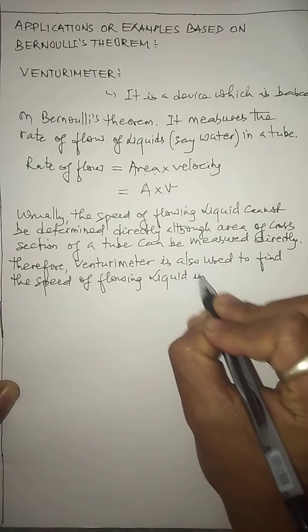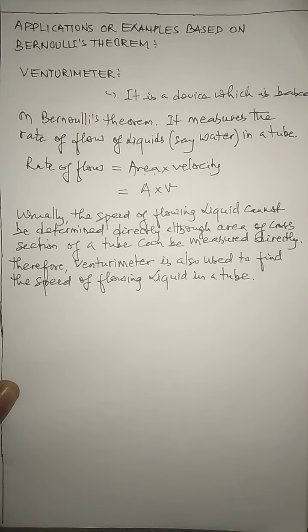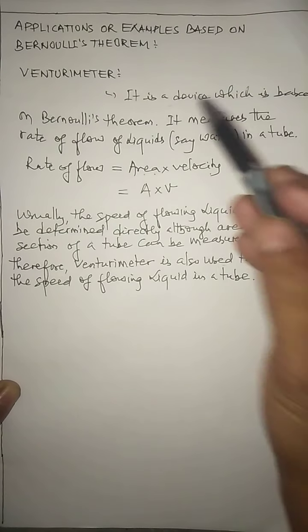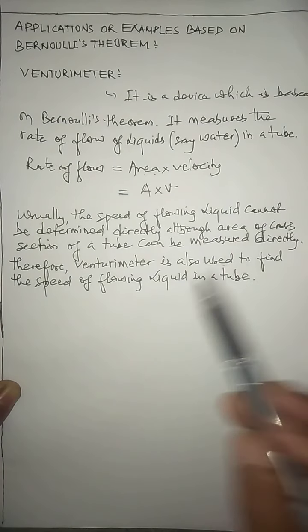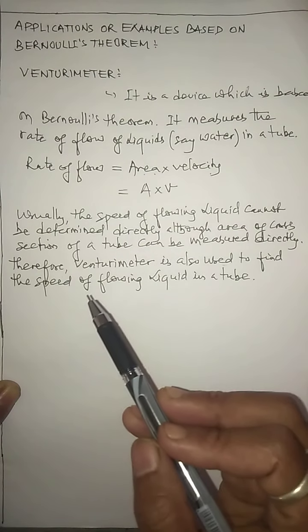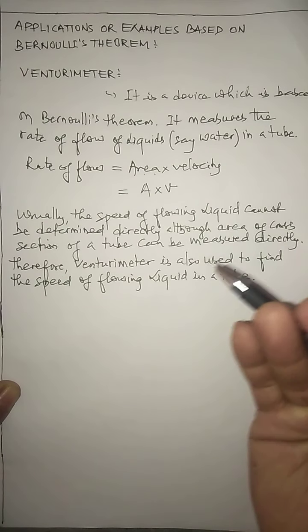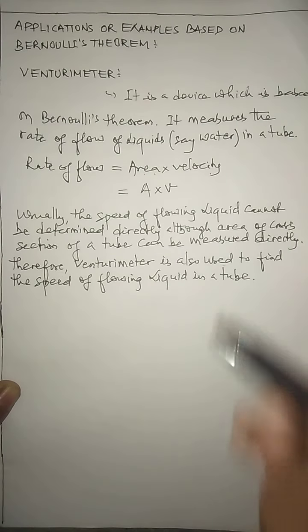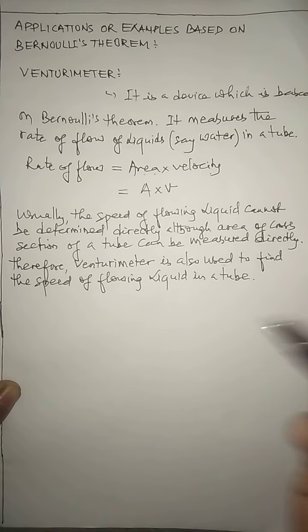The speed of flowing liquid in a what? Tube. So for two purposes this venturimeter is used, as I said. One is to measure the rate of flow of liquid in a tube, and it is also used to determine the speed of flowing liquid in a tube. So when we deal with the speed and the velocity at every cross section of the tube, this venturimeter can also be expressed in terms of the principle of continuity.